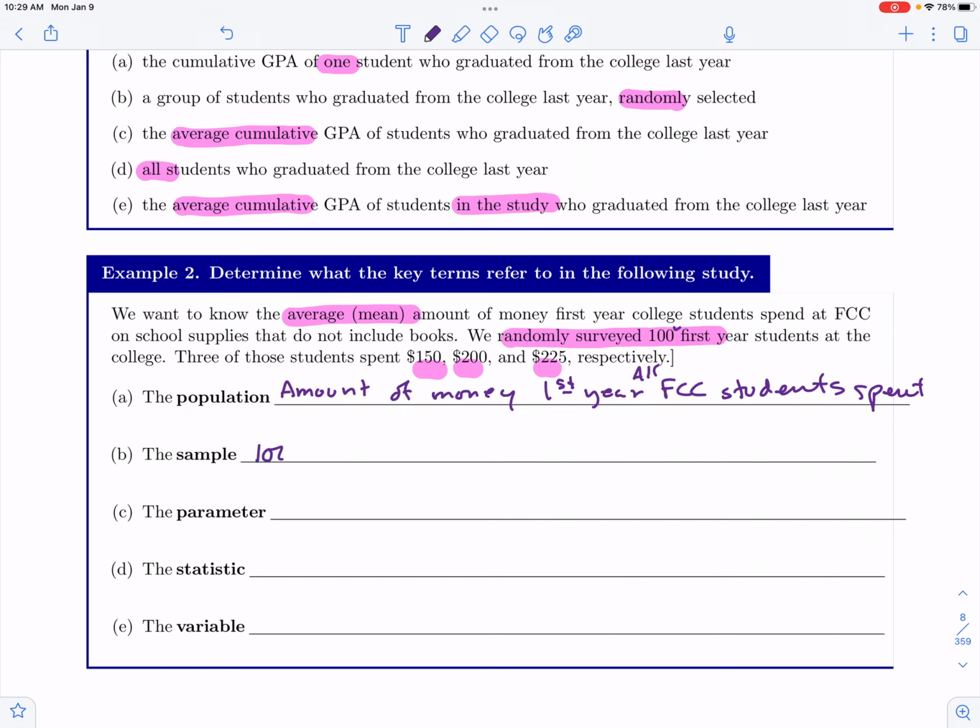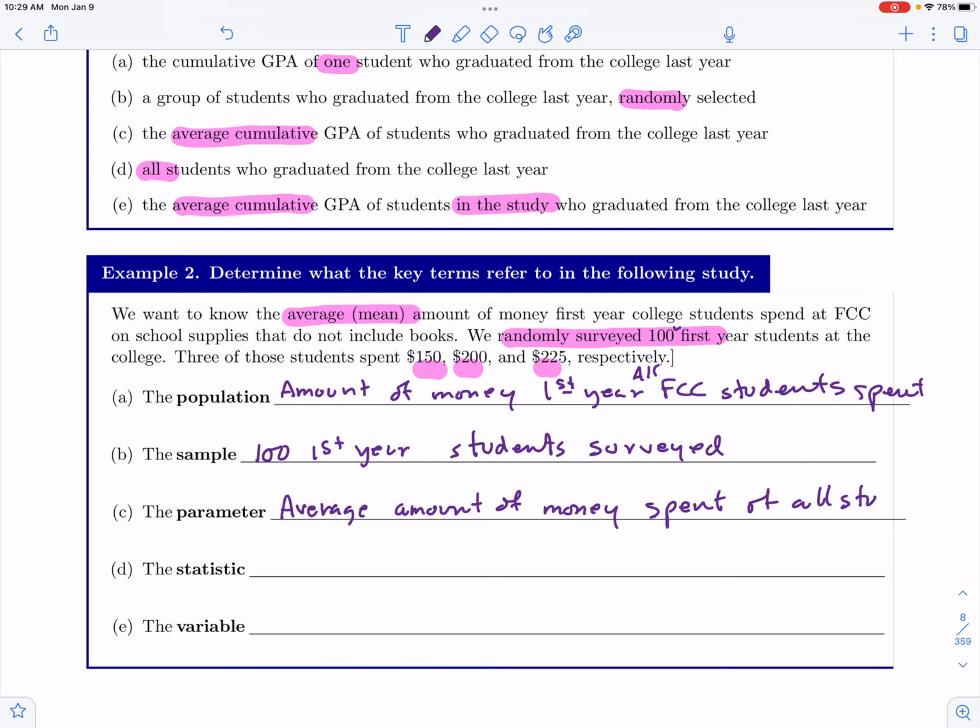So the sample is the 100 first year students surveyed. And so again, our parameter, in this case, is the average amount of money spent by all students.